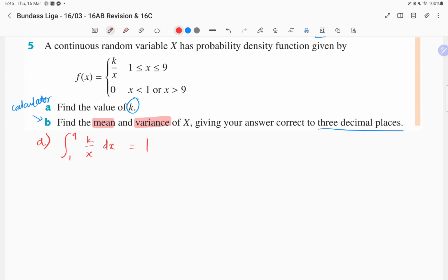How do you antiderive 1 over x? Yes, very good.